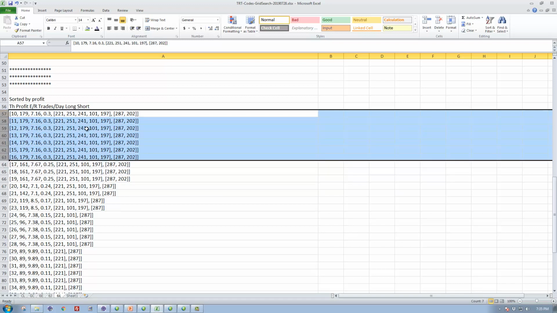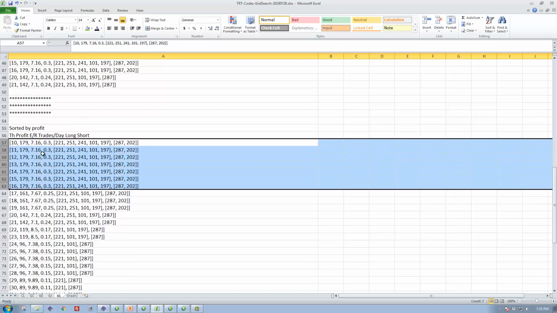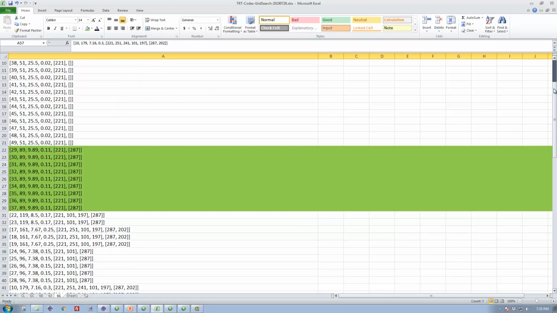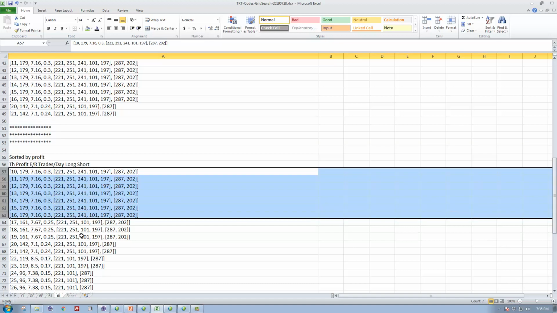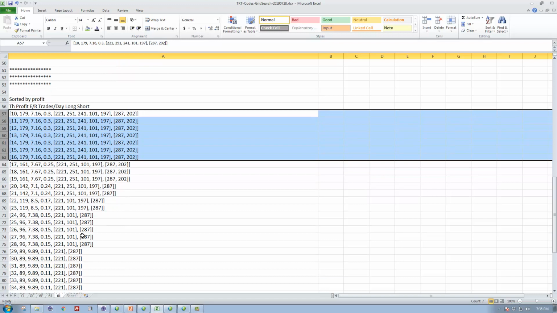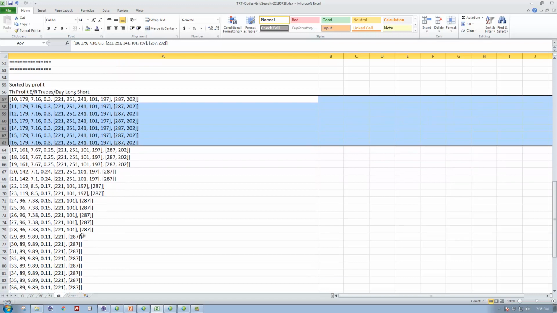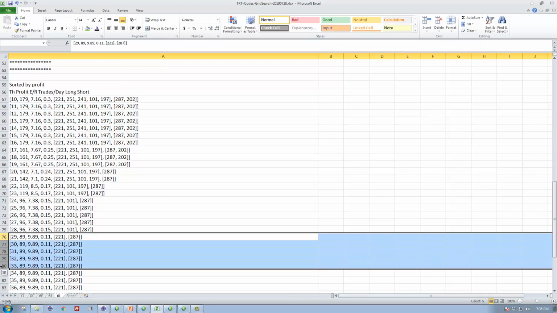If you were only trading the euro, all right, on 0.3 trades per day, that's why I say it's not bad, because you're not taking a bazillion trades to make the smaller amount per trade, 7.16, as opposed to what do we have up here? 9.89. Okay, so that's 7.16 ticks per trade. Where is our 9.89? It's down here.